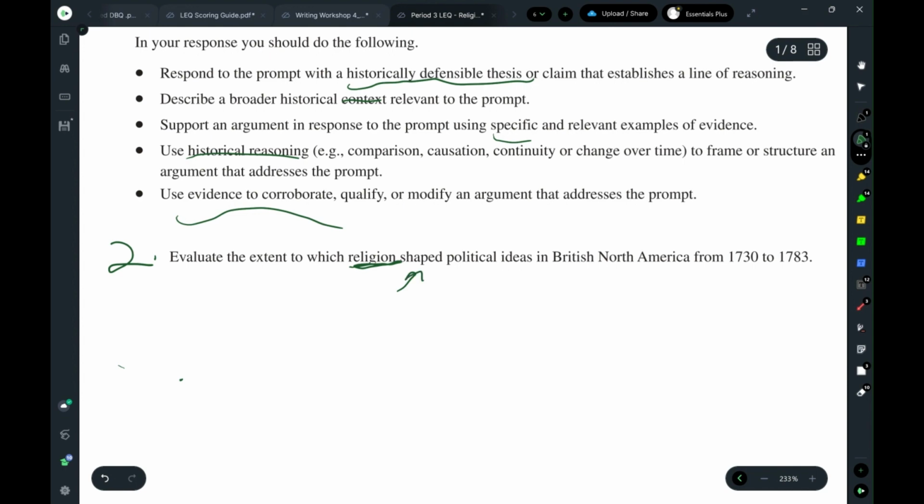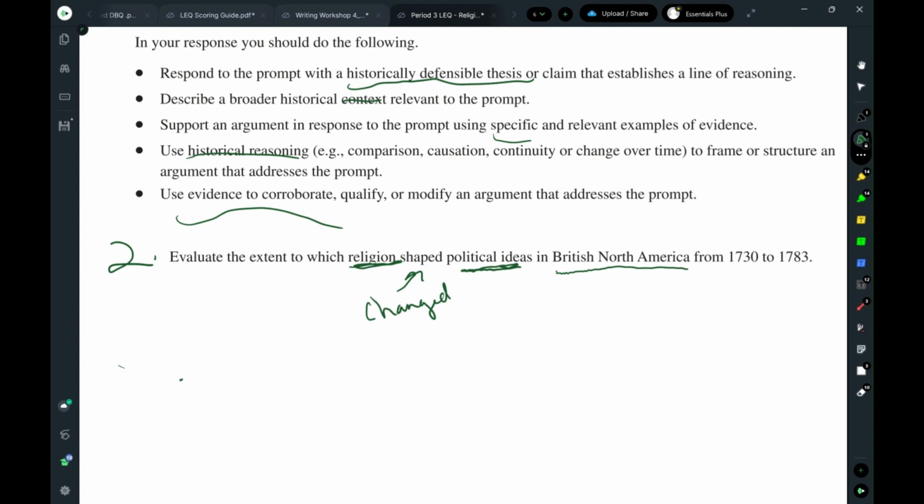Another way you could say this is changed, shaped, or changed, political ideas. British North America is very significant because the period is talking about it. You can't talk about places like Florida. You obviously can't talk about Britain because you're talking about British North America. So where and when, 1730 to 1783.